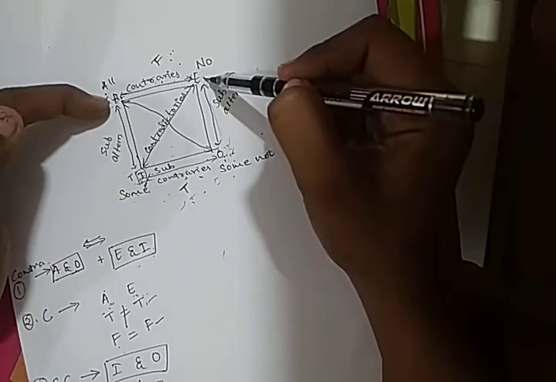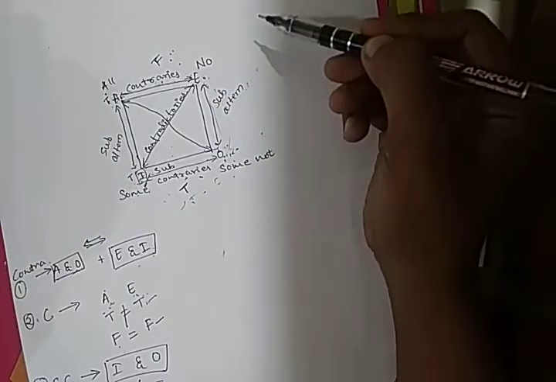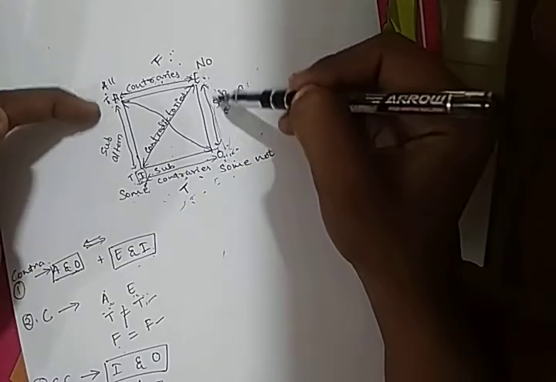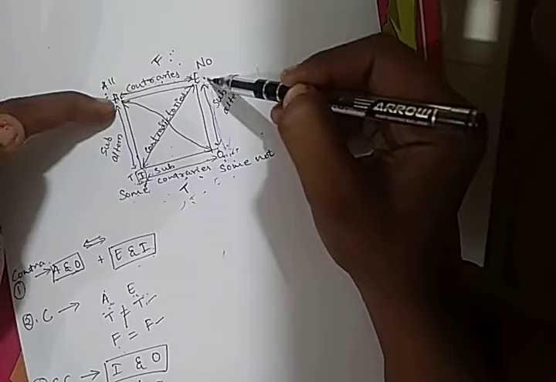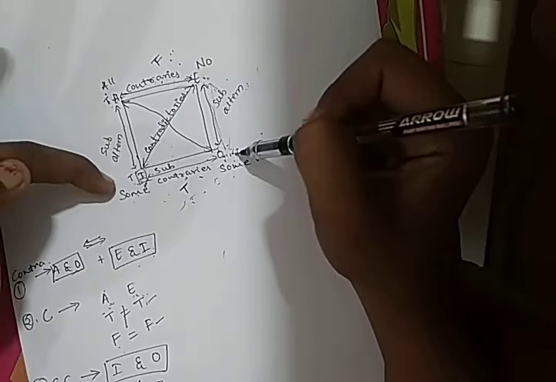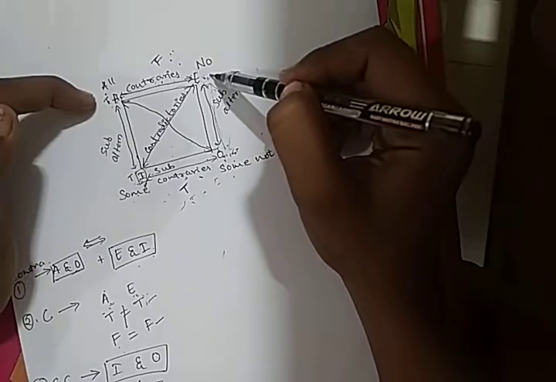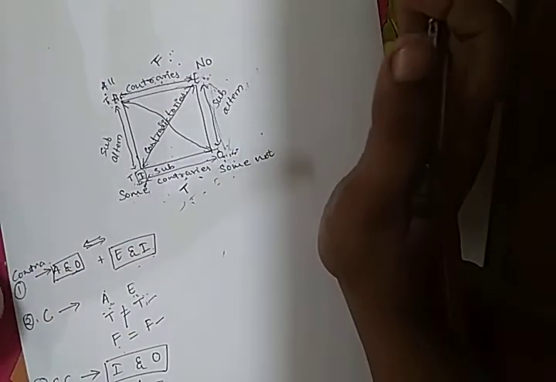But if these are false, these can't be defined. While moving in the upward direction, if these are true, then this can't be defined. But if these are false, these are also false. I hope you have understood this square of opposition. Now, we'll understand this when we solve a few questions about this.